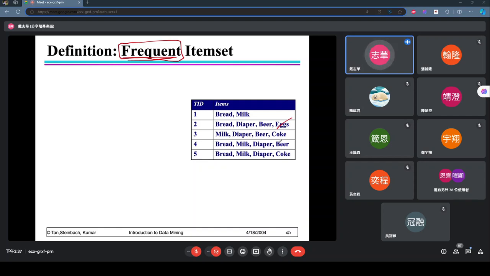Only one transaction contains it. So if we ignore the egg, we could reduce the possibilities of X and Y from 2 to the power of 6 to 2 to the power of 5, right? This is from the calculation aspect.